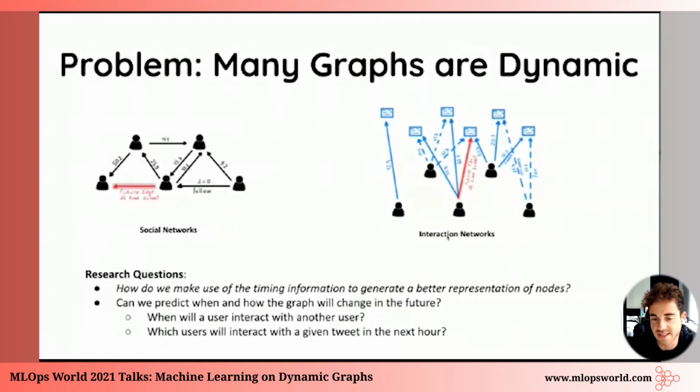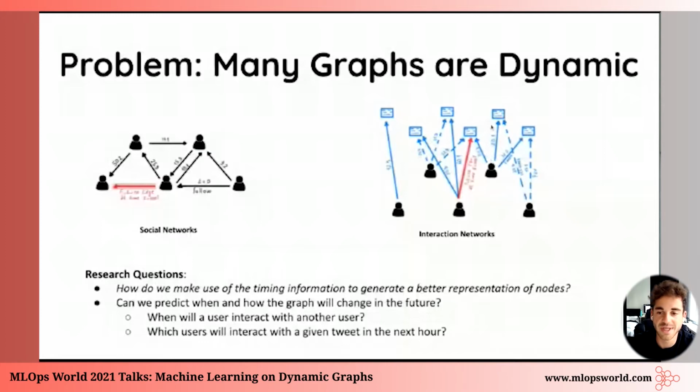The same basically holds for interaction networks. Here is a bipartite graph between users and tweets. A user can like a tweet, retweet a tweet, or create a tweet, and so on. All these actions happen again at a particular timestamp. We may want to ask whether a given user will, for instance, like this tweet at some time in the future.